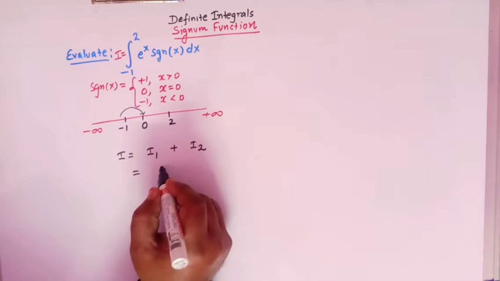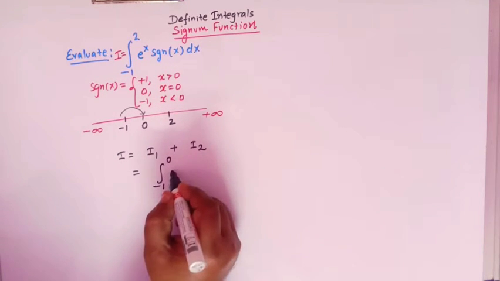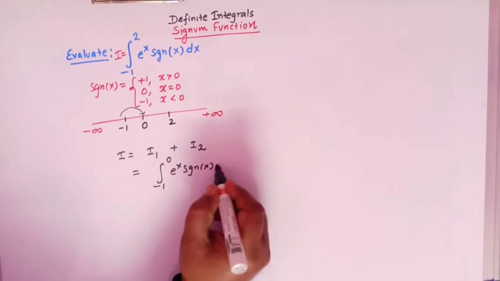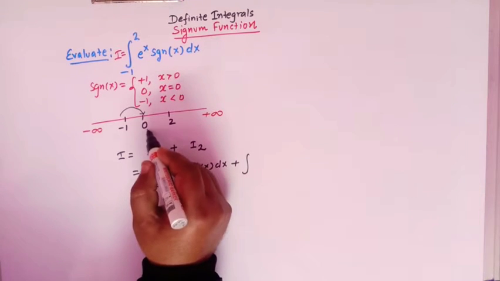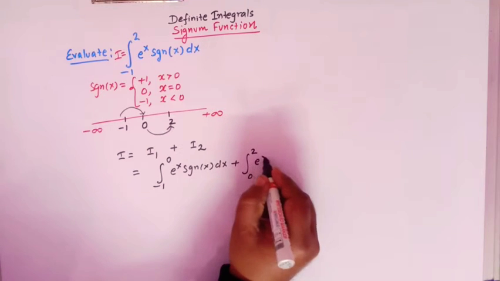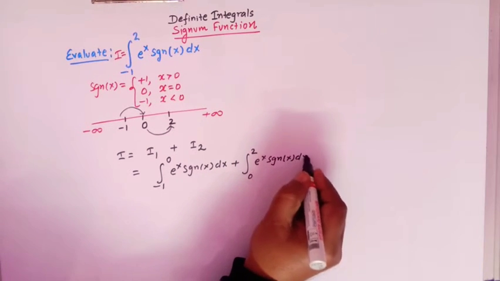So we have -1 to 0 of e raised to x signum of x dx, and I2 is from 0 to 2 of e raised to x signum of x dx.